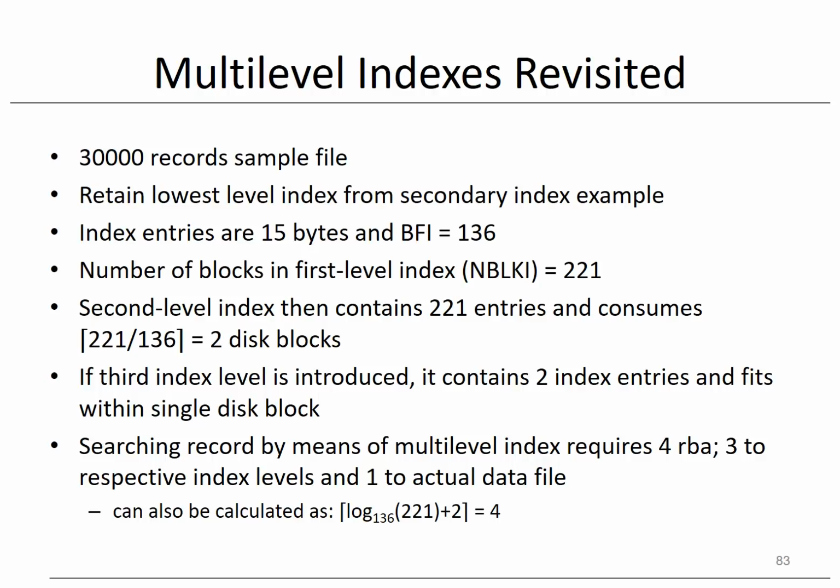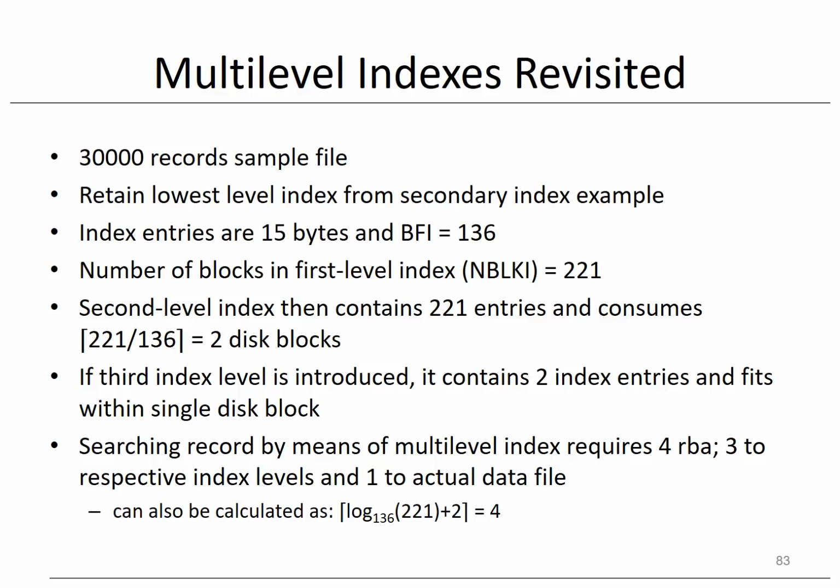Searching a record by means of the multi-level index requires 4 block accesses, 3 to the respective index levels, and 1 to the actual data file. This can be calculated as follows: the ceiling of log with base 136 of 221 plus 2 equals 4. Remember that 9 random block accesses were required when only using the lowest level index.